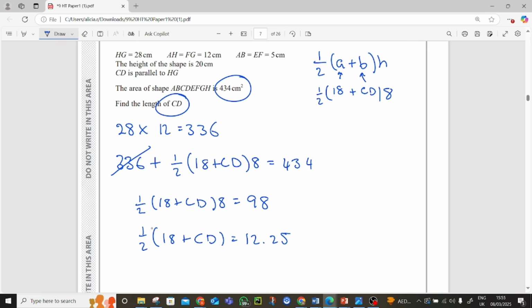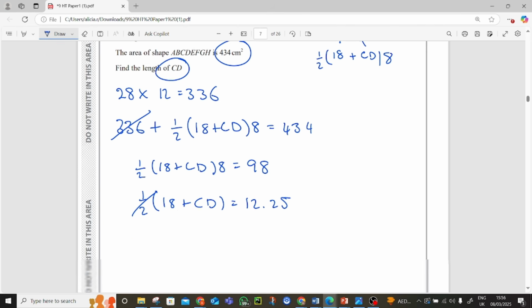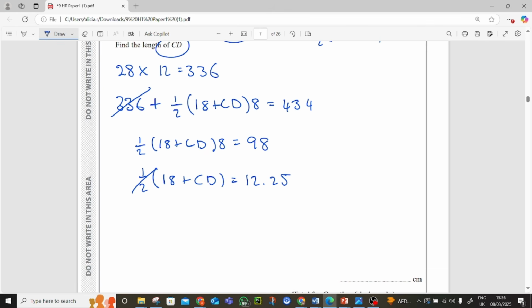And then I have a half here, so multiplying by a half, I now need to take the 12.25 and divide by a half, or that's the same as multiplying by 2. And you will get 24.5. So I have 18 plus CD is 24.5. And so we are very close. All I'm now going to do is subtract 18 to have the length of CD, which is 6.5. And we're done.